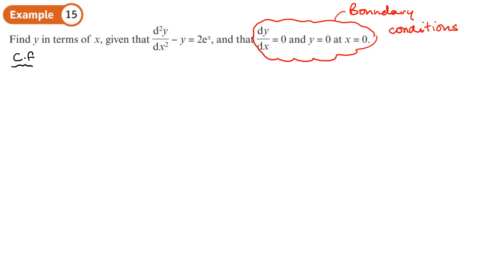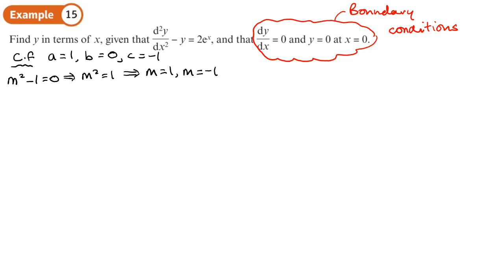So for the complementary function, I'm going to get the auxiliary equation with a equal to 1, b equal to 0 and c equal to -1. That will give me m squared minus 1 equals 0. So m squared equals 1, which means that m is either 1 or -1.